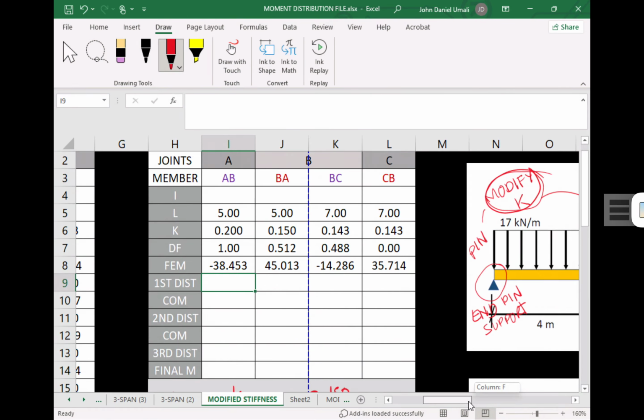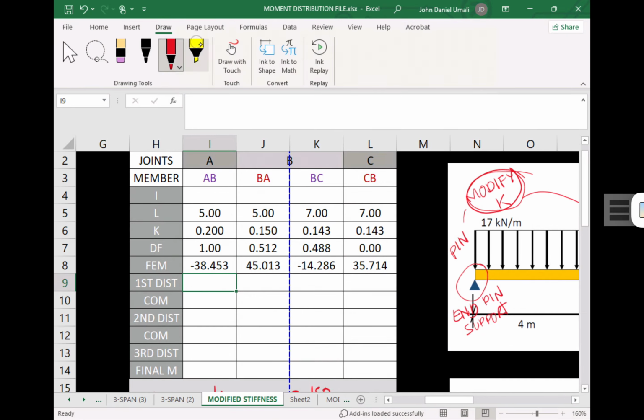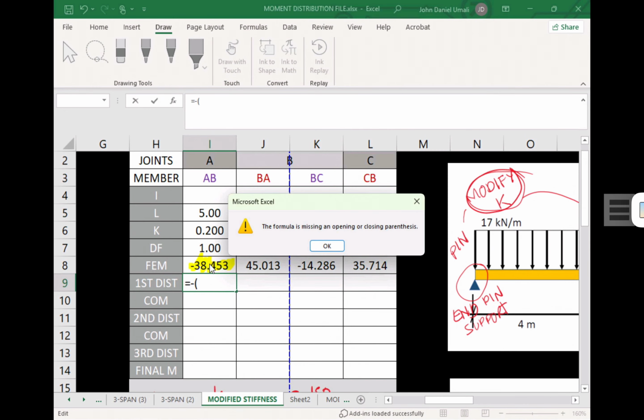So, i-balance natin ito. Balance this one. Paano yung undo? Balance natin. So, that is, we apply a negative sign in front. Okay. Negative times this one.